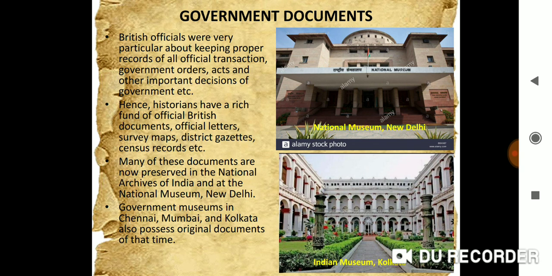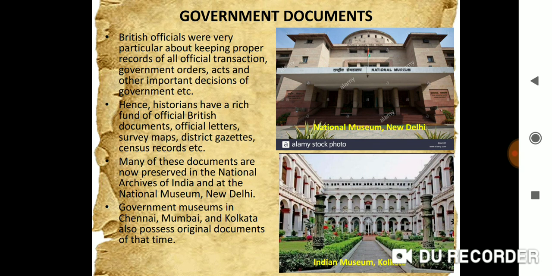Many of these documents are now preserved in the National Archives of India, situated in New Delhi, and at the National Museum, also situated in New Delhi. Actually, museum is not quite correct, because artifacts are kept in a museum. Artifact means, suppose, a statue of Buddha, stones, or a painting.